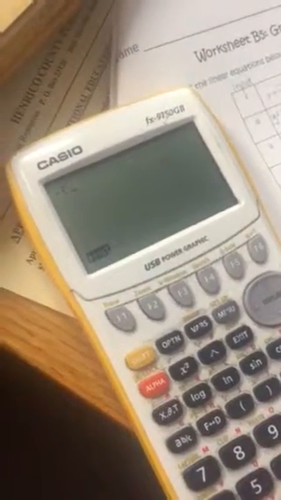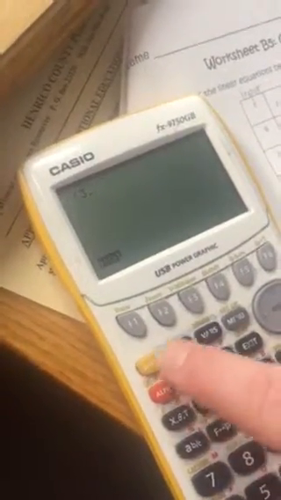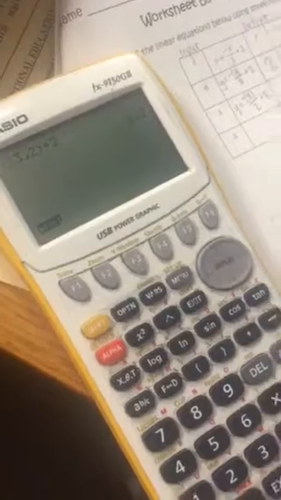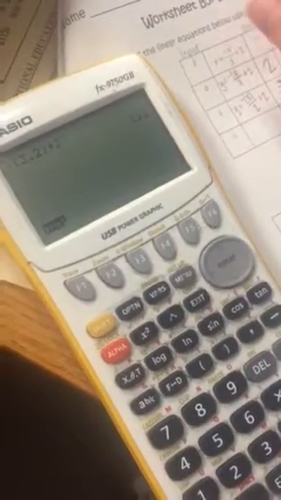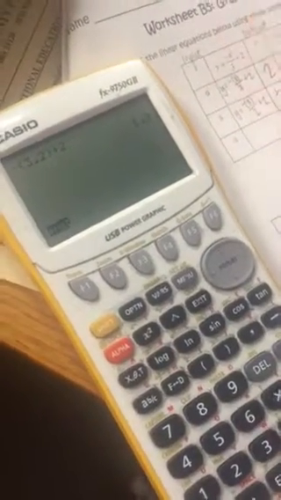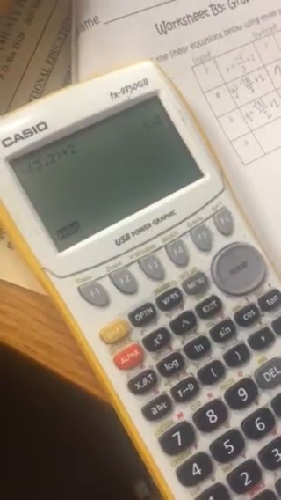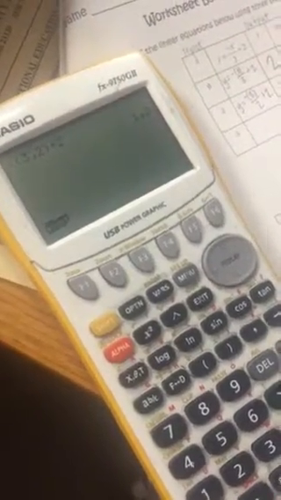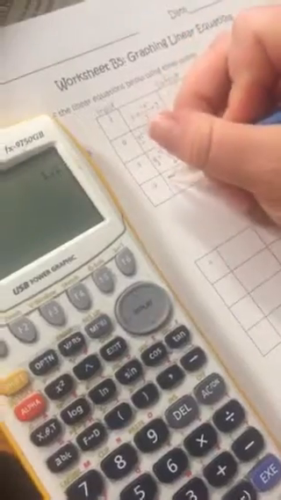Negative 3 over 2 plus 2. And I get 1/2, which is the same thing. So our new ordered pair is 0, 1/2. Okay, so I'm plugging in negative 3.